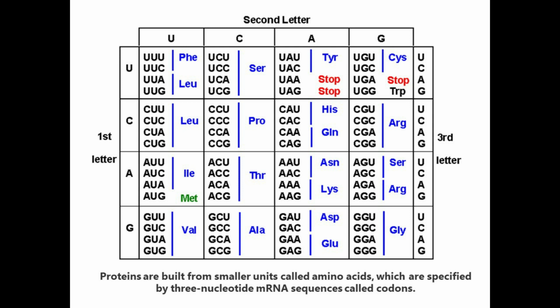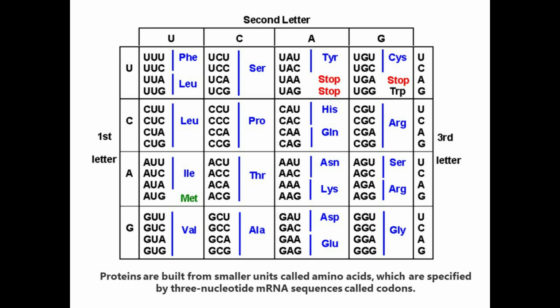So here from this table we can see that the codon UUU on mRNA indicates that it is phenylalanine, the amino acid which is to be brought now. If the codon on mRNA is CUU, it is leucine which is to be incorporated.